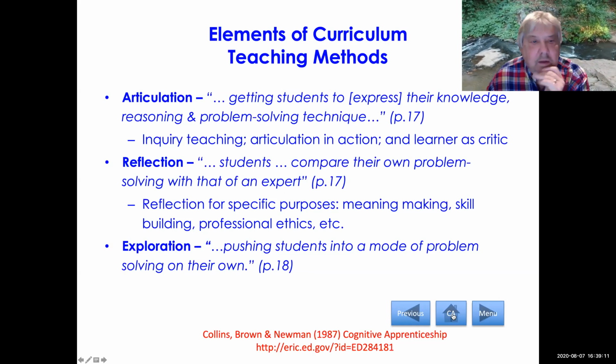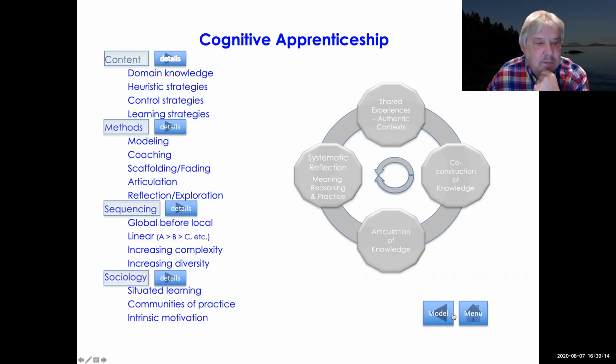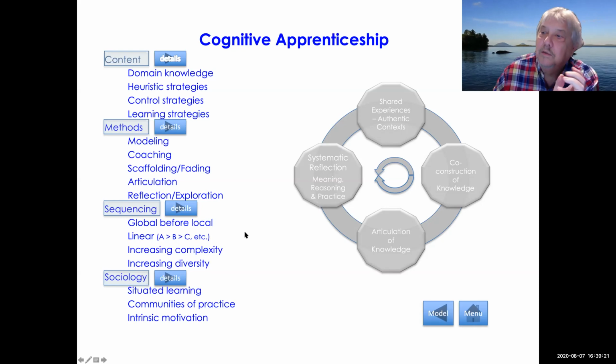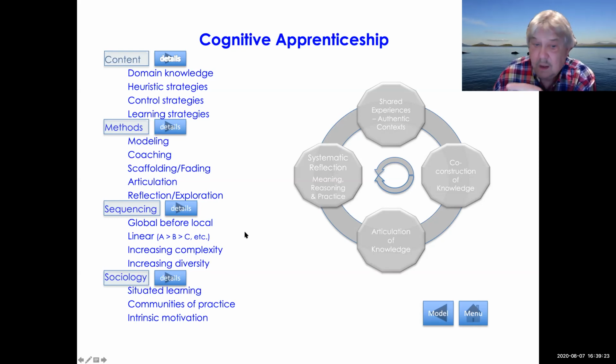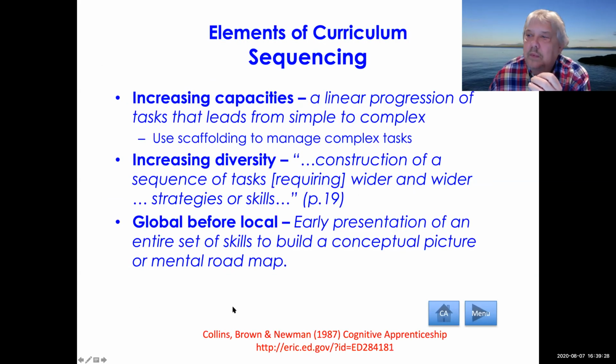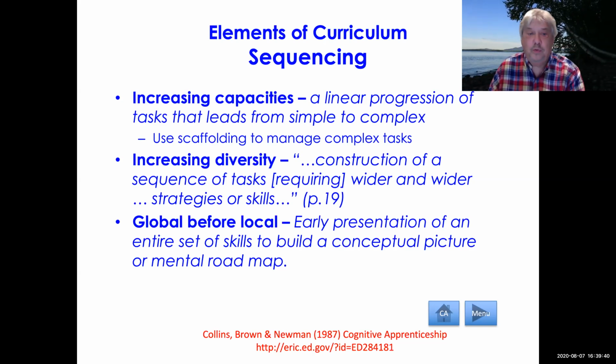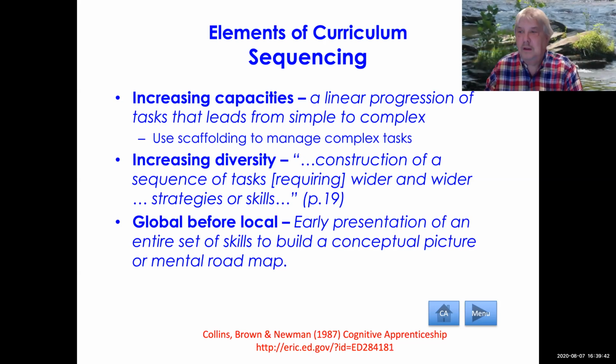All right, let's go back and pick up another element of cognitive apprenticeship, and that's sequencing. Sequencing is defined as what to teach to whom, and when. And so here you have some options. Oftentimes we think we need to lay in basics before we can move to more sophisticated things.